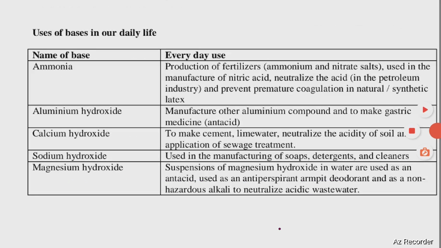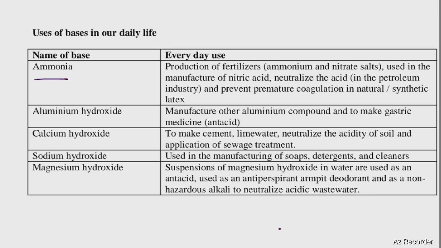Lastly, we're going to discuss uses of bases in our everyday life. For example, ammonia: we use ammonia in the production of fertilizer. It is also used in the manufacture of nitric acid, to neutralize acids, and to prevent premature coagulation in natural and synthetic latex.